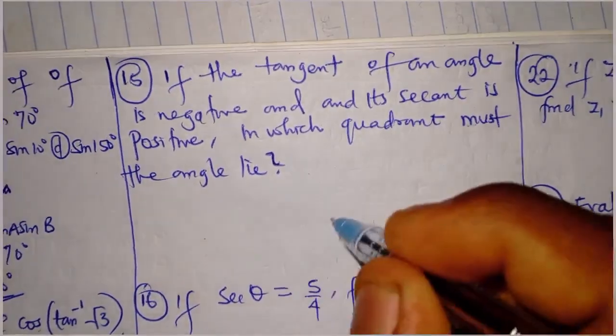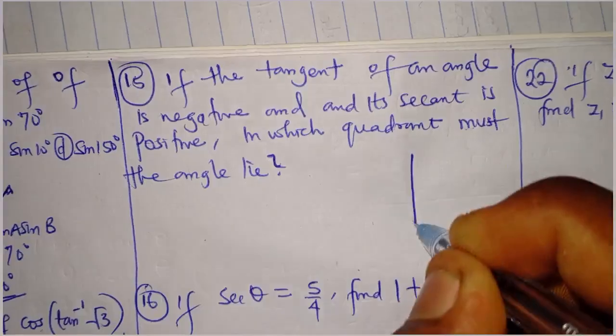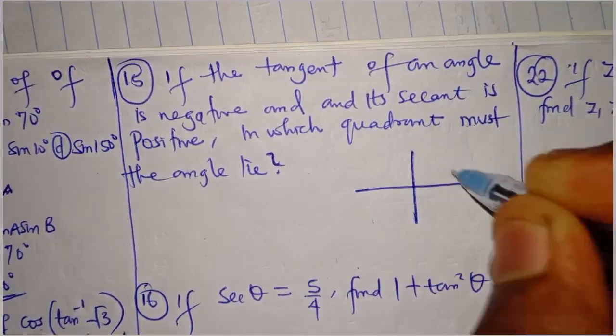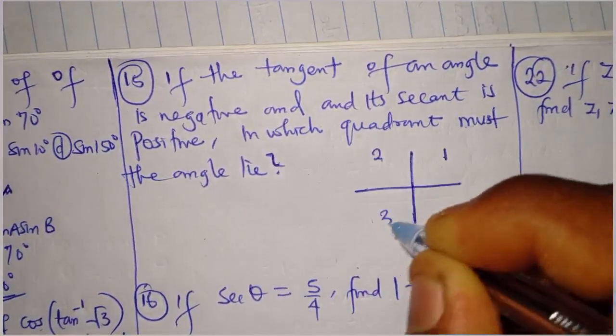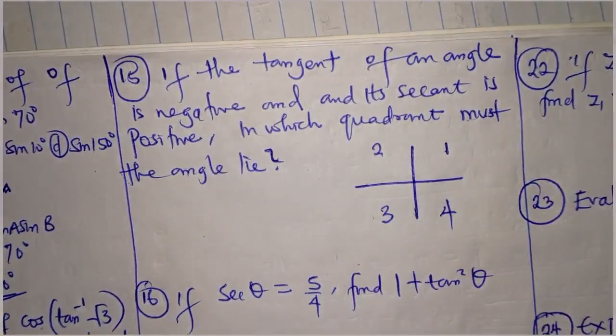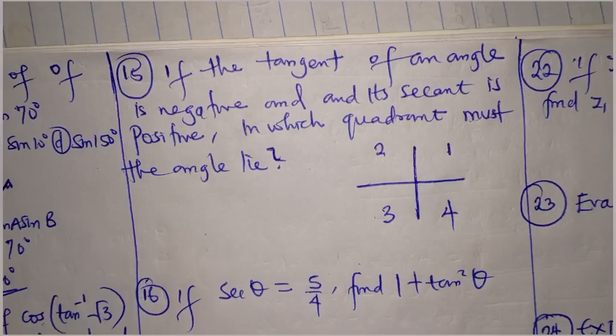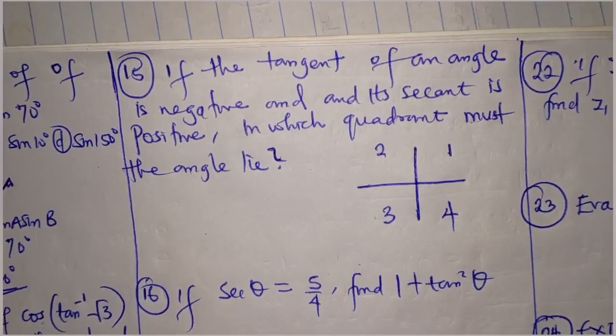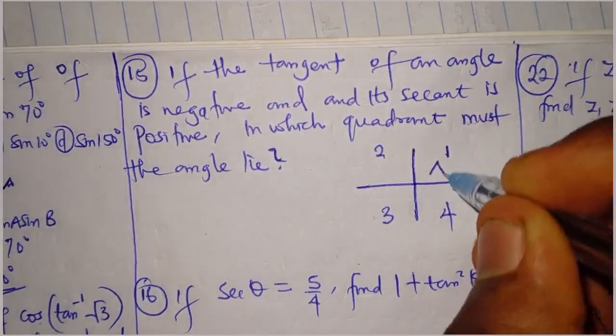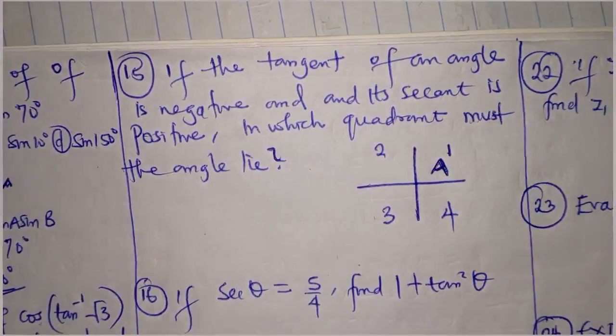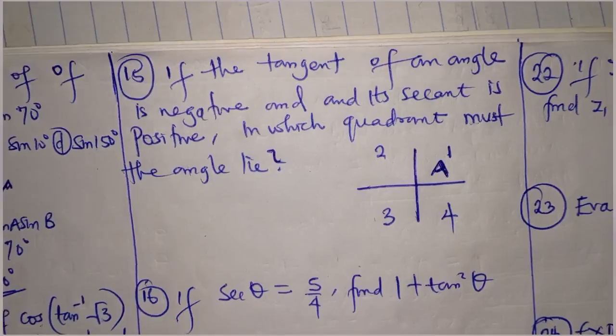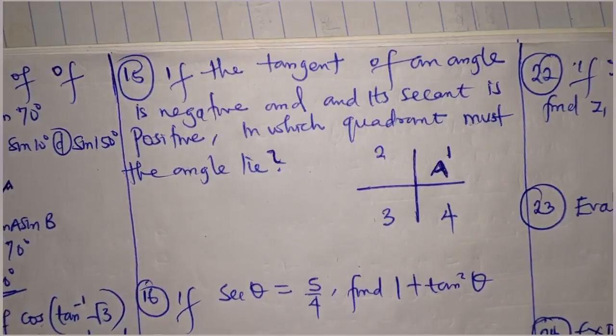Okay? We have four quadrants. This is the first, the second, the third, and the fourth quadrant. Alright. In the first quadrant, all the angles are positive. Sine, cosine, tangent, they are positive.